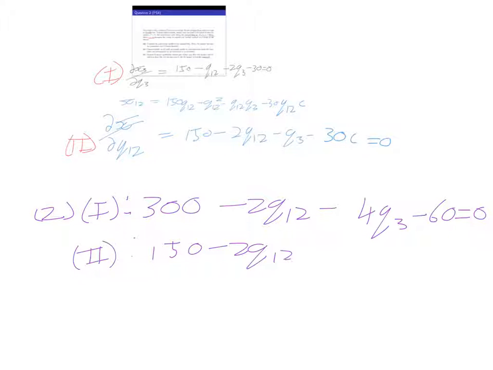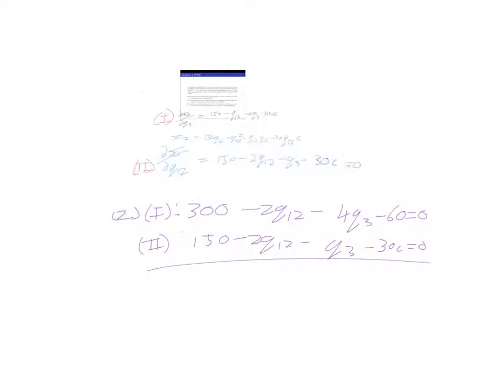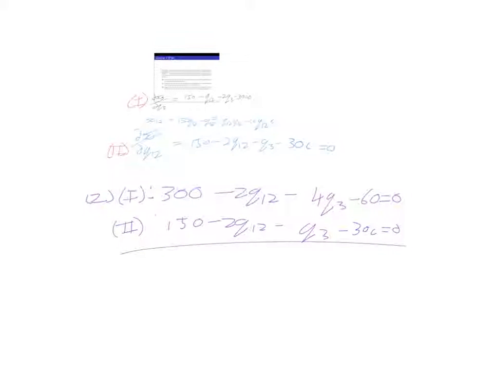Q3 minus 30C equal to 0. We take the difference here because we're eliminating Q12. And doing that, what do we end up with?